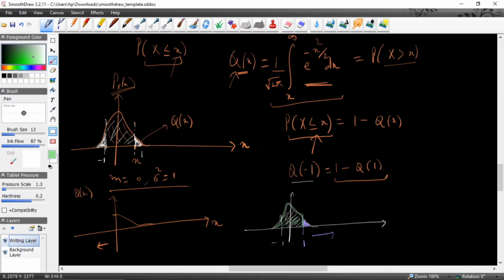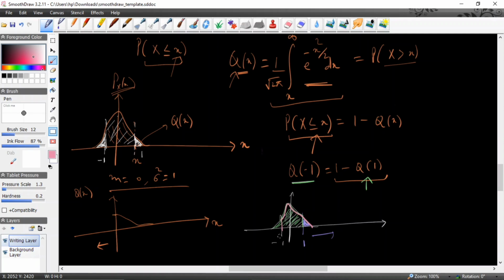This is 1 minus Q of 1, and that is exactly the same as Q of minus 1, because this area and this area will be the same.